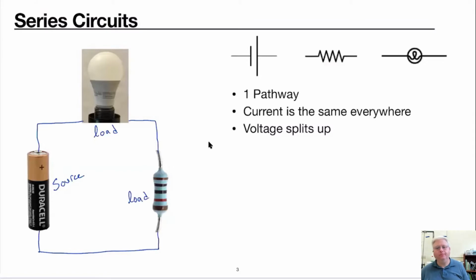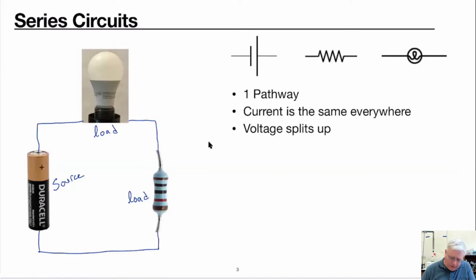Okay, so all materials have some resistance. We've learned even the wires have some resistance, although for our purposes, we'll generally assume that they're ideal and not have to worry about that little bit of resistance compared to all the other things in the circuit.